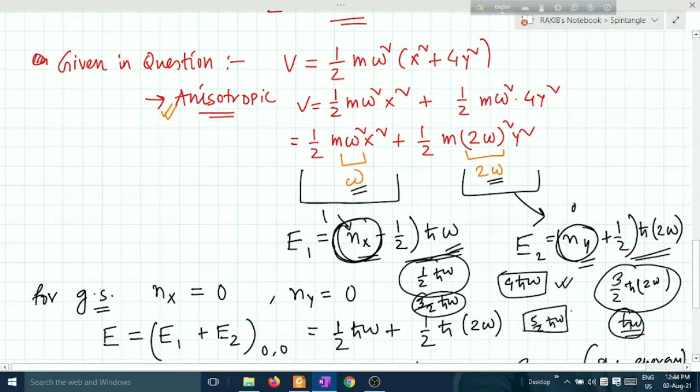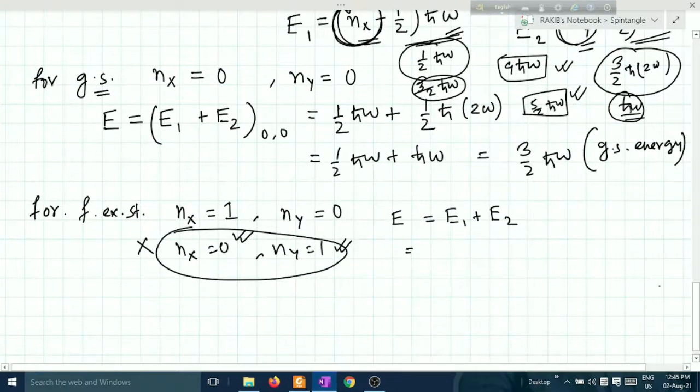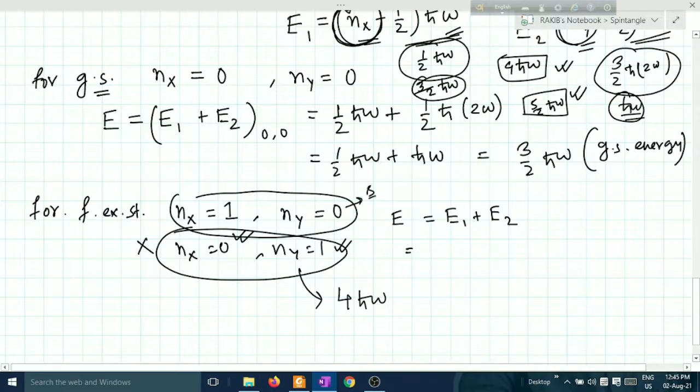Which one is greater, 5/2 ħω or 4ħω? Here you can easily see that for nx equals 0, ny equals 1, the energy is 4ħω, and for nx equals 1, ny equals 0, the energy is 5/2 ħω.